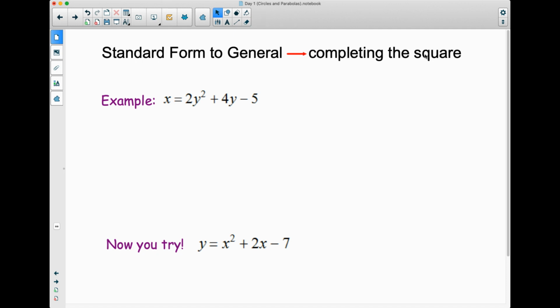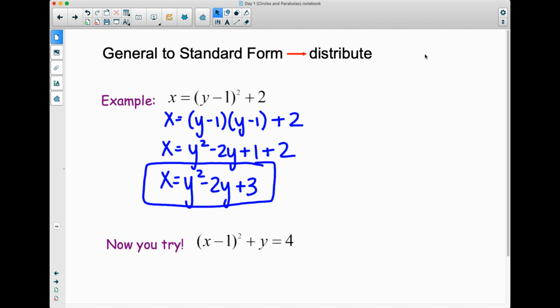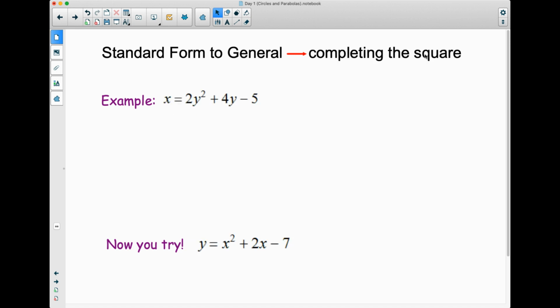This way is going backwards using completing the square. Now, when we were completing the square at the beginning of the year, we were working with two sides of the equal sign. Well, we're only working with one side of the equal sign because we want to keep it x equals. Because notice how the original equation in this one is x equals, okay?